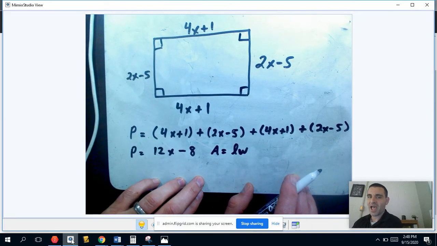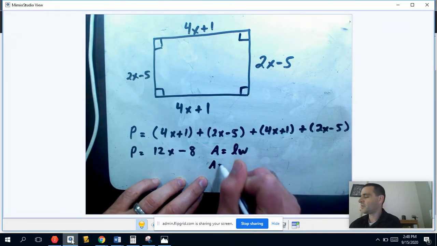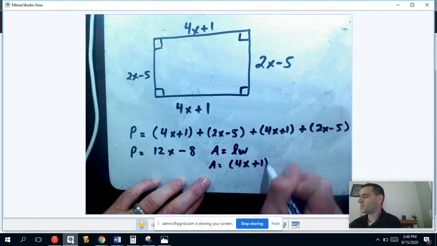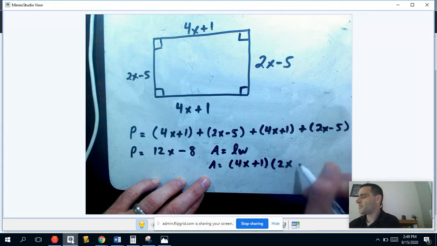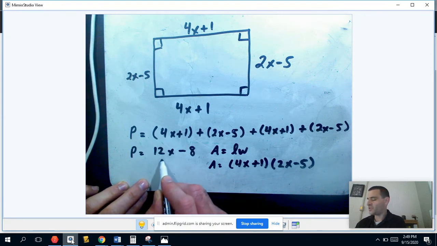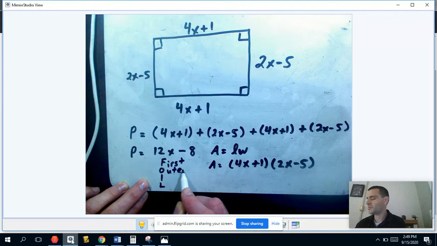This requires our knowledge of multiplying polynomials, or using the distributive property twice, or as some people like to say, the FOIL method. There's different ways, you see. I'll entertain FOIL for just a minute. FOIL is a little acronym for first, outer, or sometimes people say outside, inner, or inside, and last.